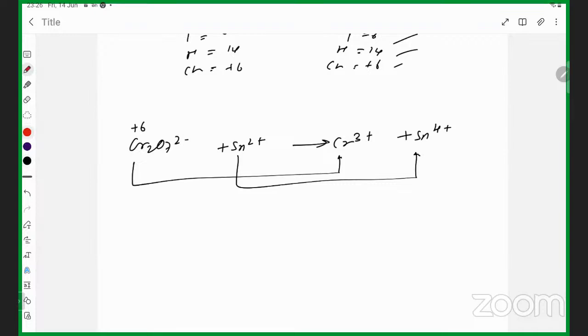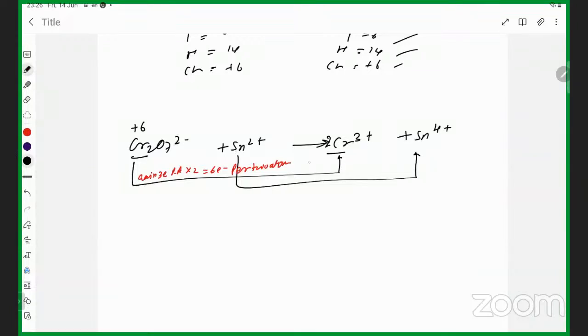Now 6 to 3, gain of how many electrons? Gain of 3 electrons per atom. Now we are multiplying by 2, so 6 electrons per 2 atoms.